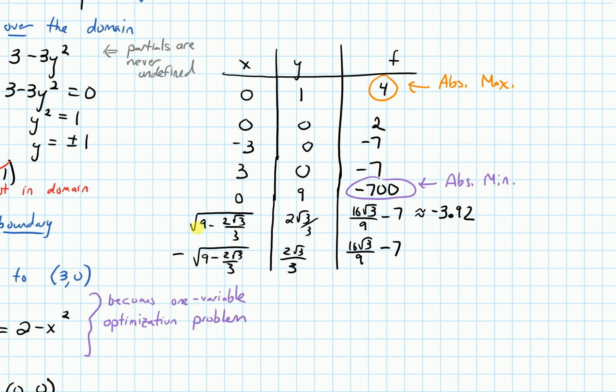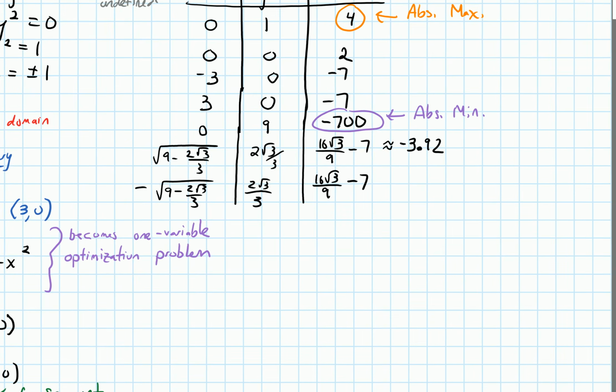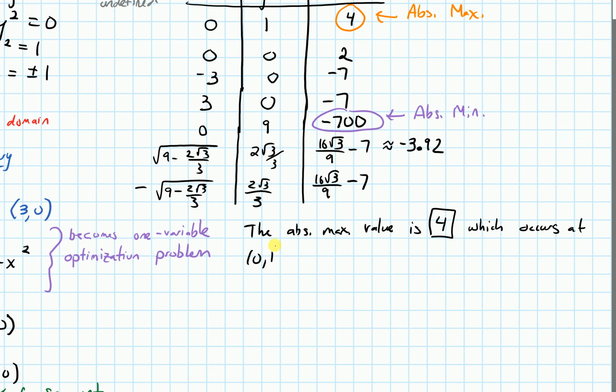Okay, so I just got to write down a sentence of conclusion now. So we would say that the absolute max value is 4, which occurs at the point 0, 1.